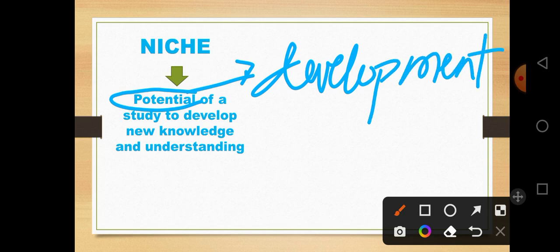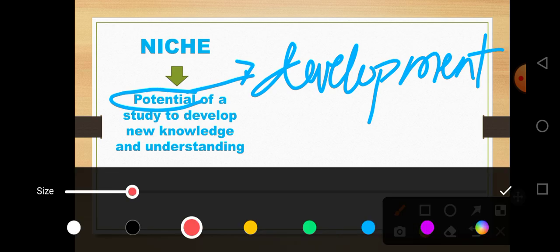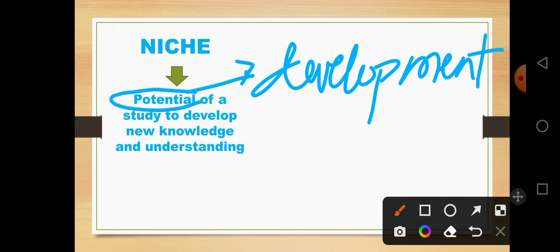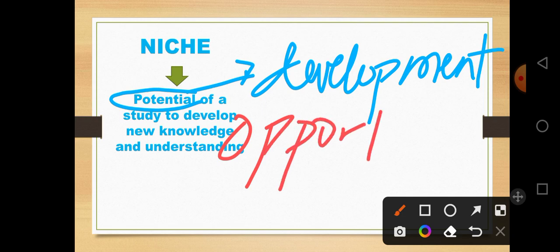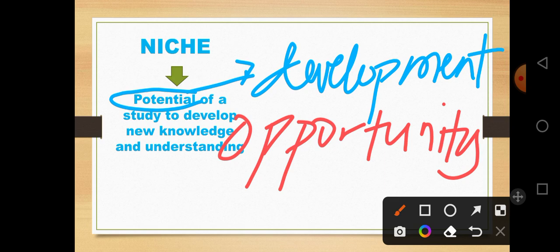In other words, establishing a niche provides the researcher the opportunity to present their research in order to contribute to the development of new knowledge and understanding.